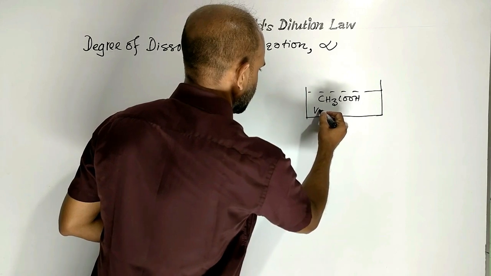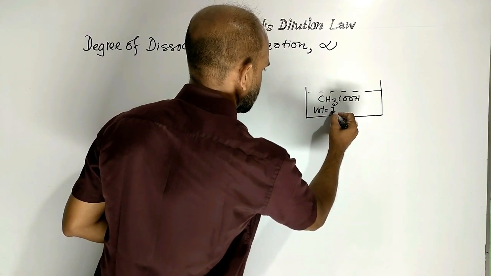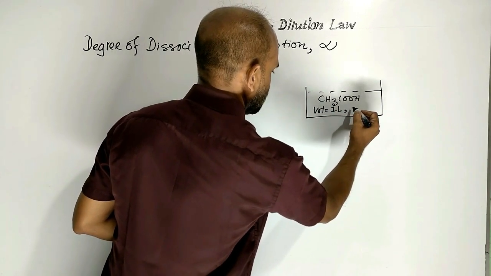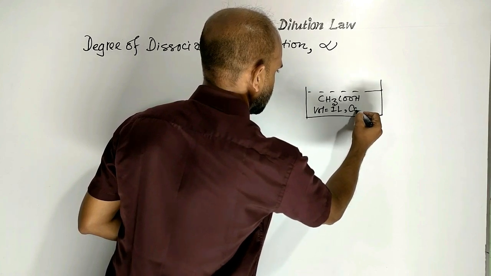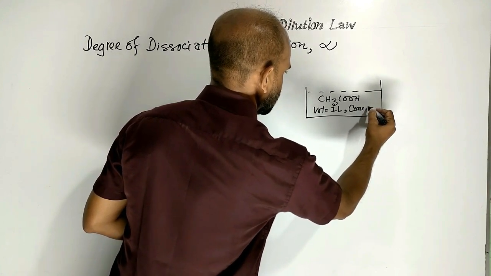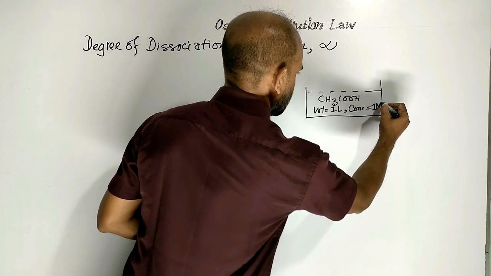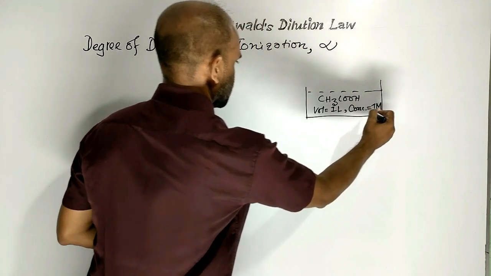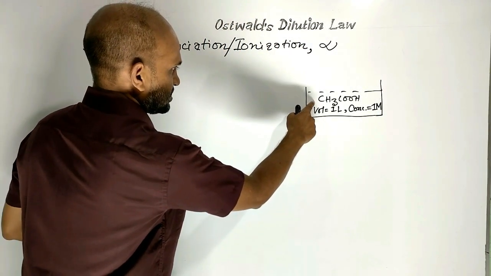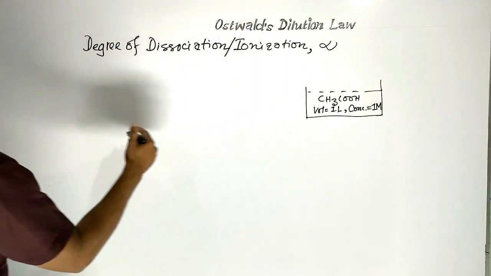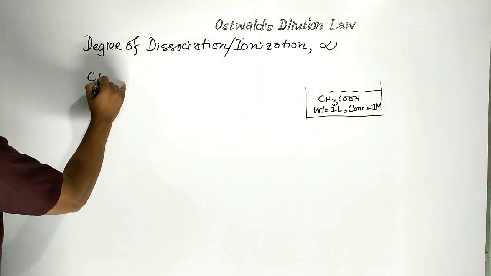Its volume is 1 liter and concentration is 1 molar. In this solution, acetic acid ionizes partially in this way.